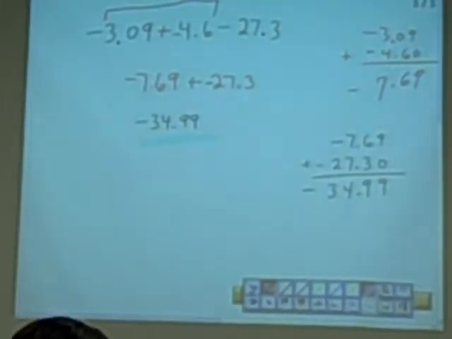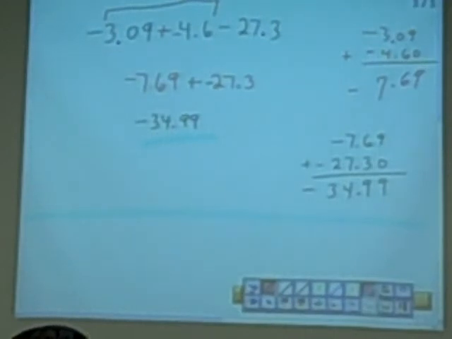The main thing that you've got to remember is you've got to slow down and think, okay, what am I doing? Am I adding, subtracting, multiplying, dividing? I'm adding negatives, so I have to keep my negative. Alright? And that's all I'm going to say about that.